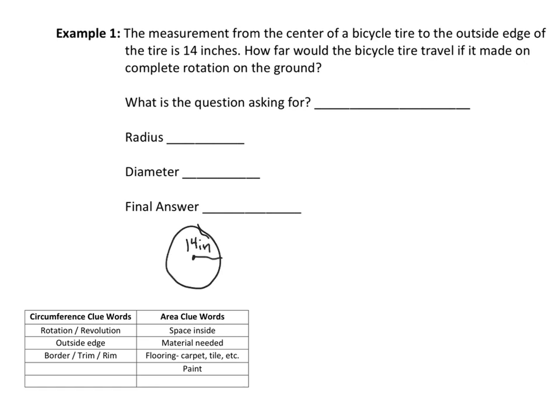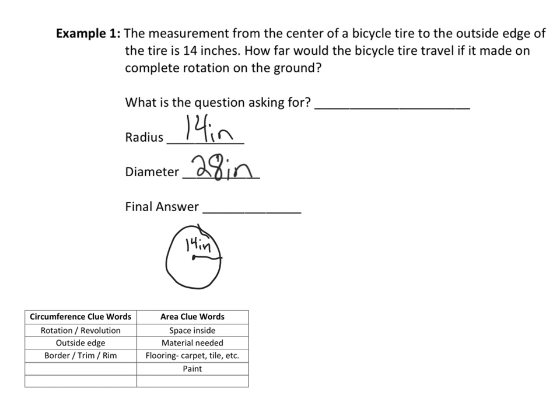We're getting asked radius and diameter. The radius is from the center all the way to the edge, so that's what we're given: radius is 14 inches. Diameter is double that, because diameter is the rest of the way across the circle. So we do 14 times 2 to get 28 as our diameter.